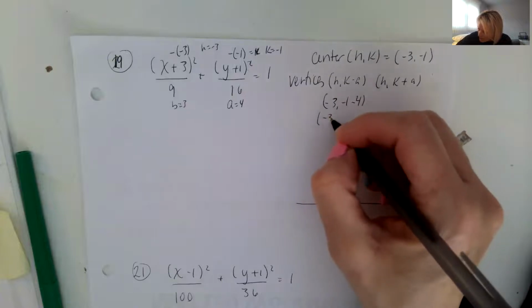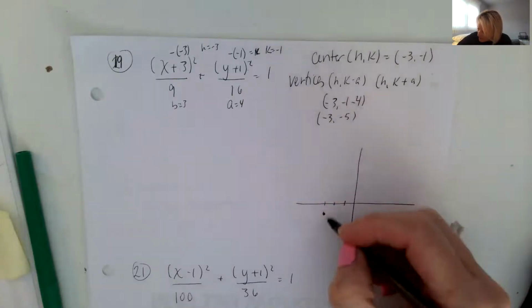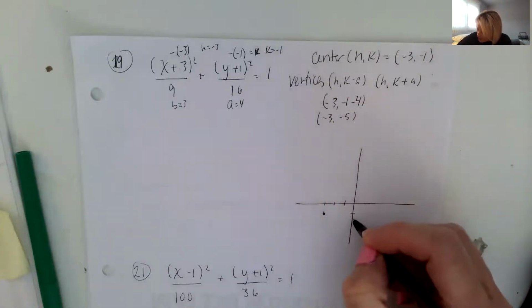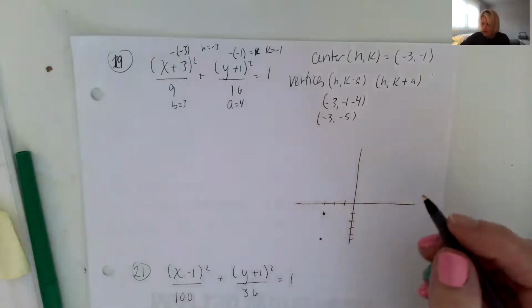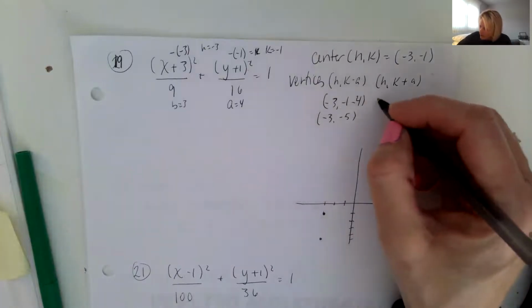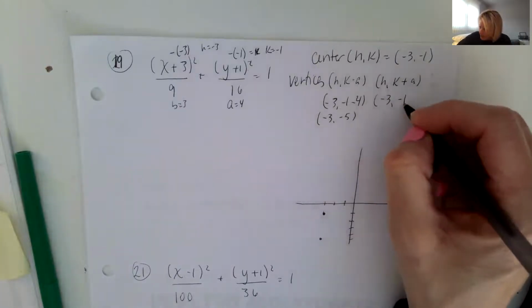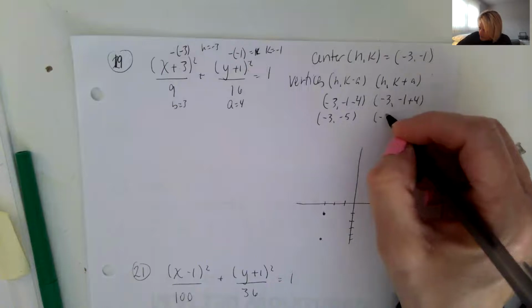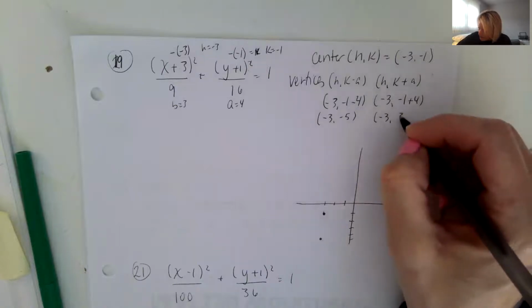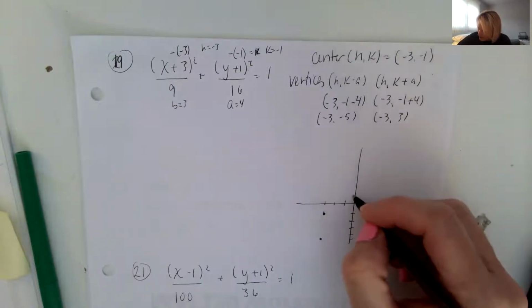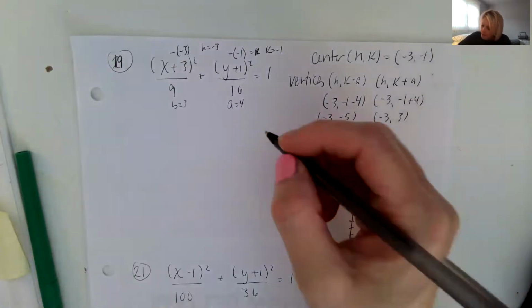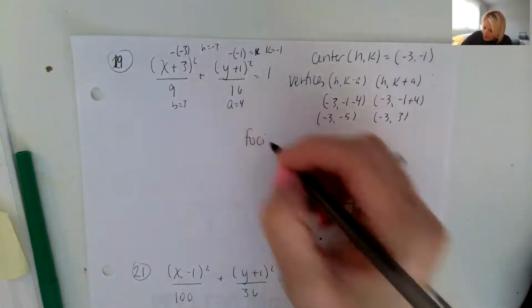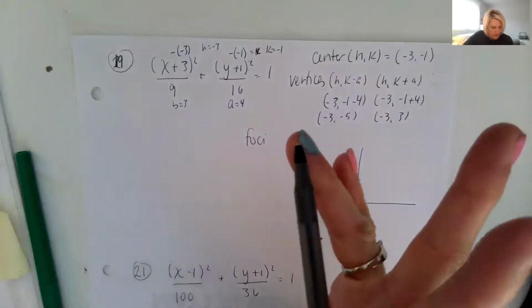So this is going to be at negative 3, negative 5. So negative 3, and then that's at 1, 2, 3, 4, 5 down here. And then the other one is at negative 3 and negative 1 plus 4. So negative 3 comma 3. So negative 3 and then 1, 2, 3, up 3. Okay. And then our foci are based on C.